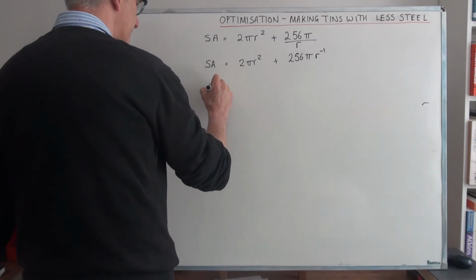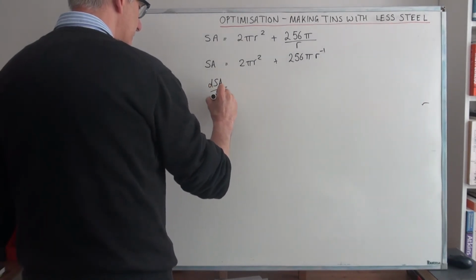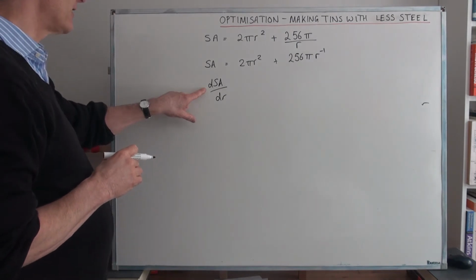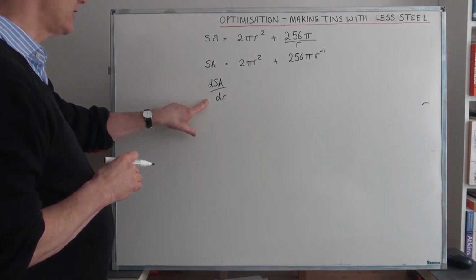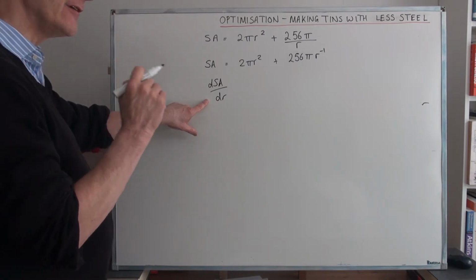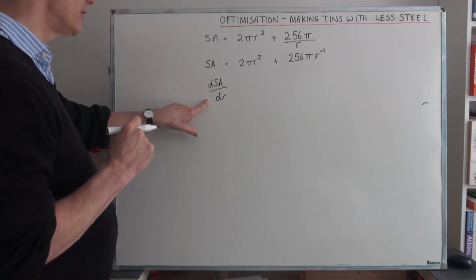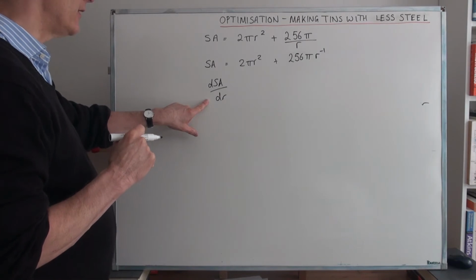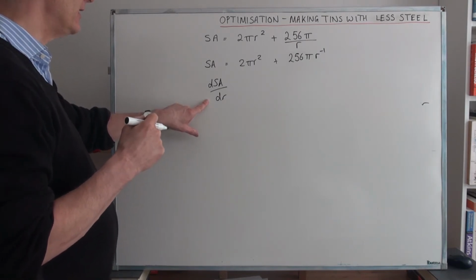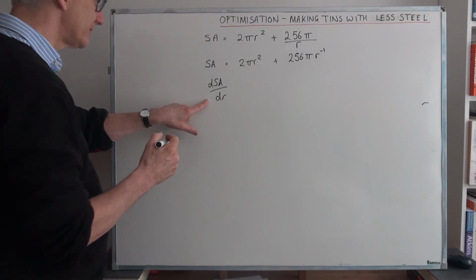We're going to find out the differential of that. How much is the surface area going to change as we change r? And hopefully at some point we're going to arrive at a place where that goes to 0, and we know that we've reached a turning point, and that turning point we will see is going to be a minimum.